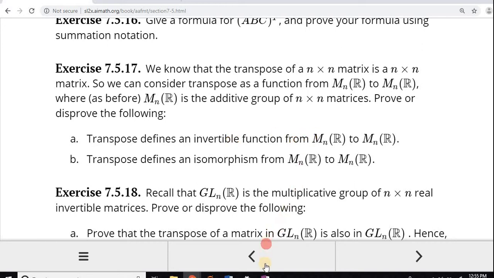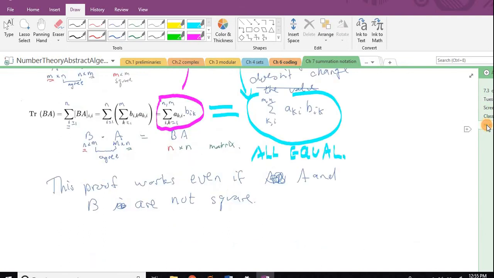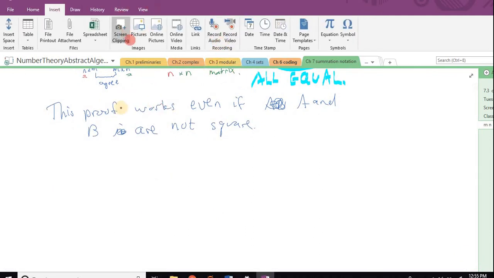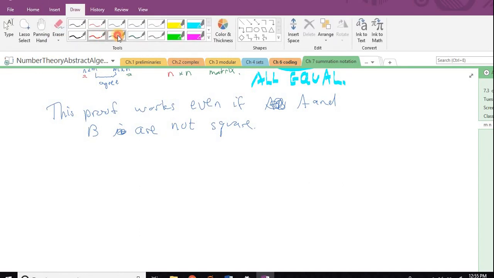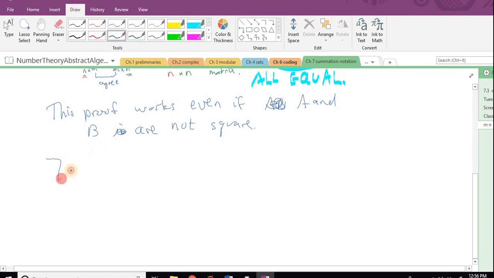All right. So for example, let's just take any old matrix. So the question, 7.5.17, is: is transpose invertible?